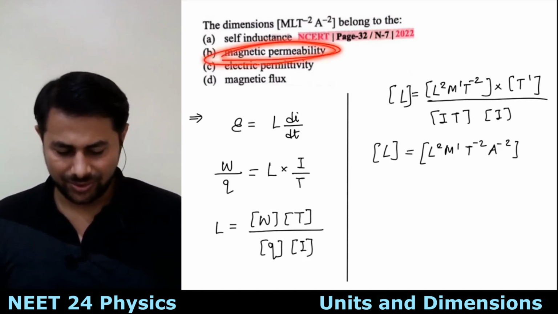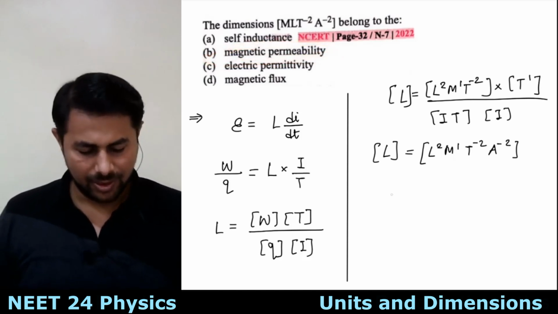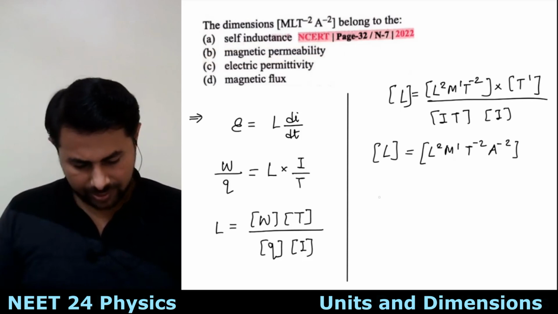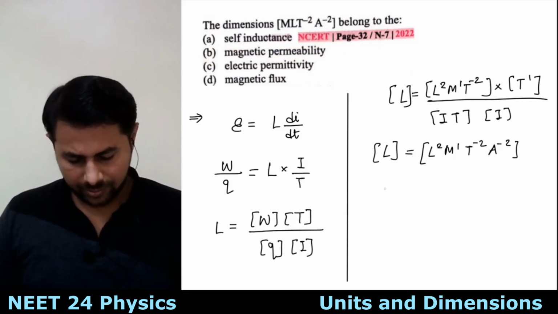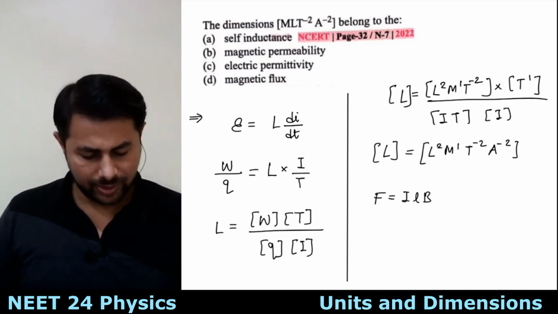Okay, so you should know a formula for magnetic permeability. For an example, where will this formula come? There are lots of formulae. F is equal to ILB. I will use this one.